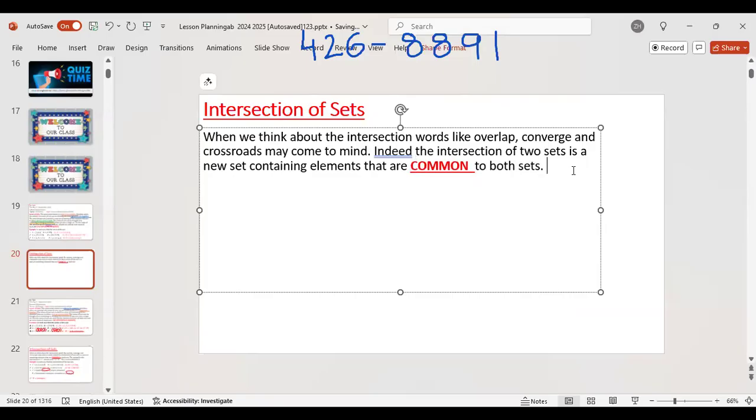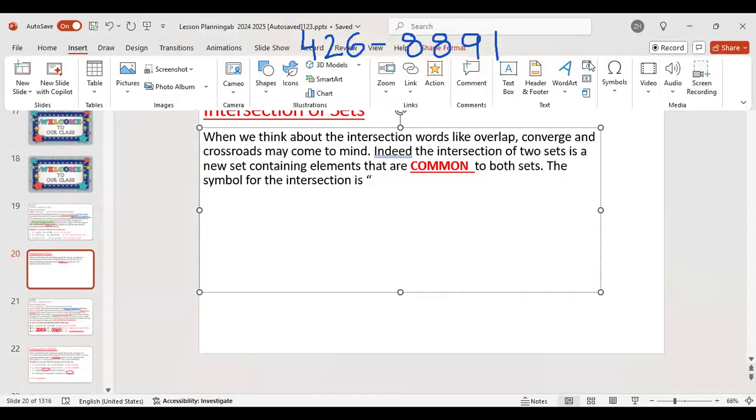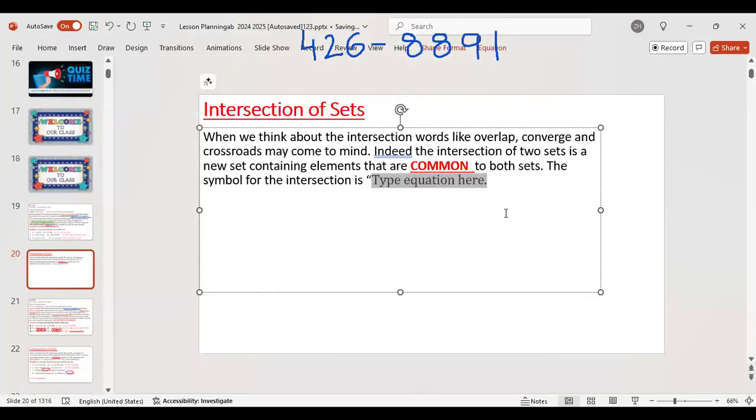The symbol for the intersection is, does anyone know the symbol for the intersection of two sets? Is it an upside down U? An upside down U. Who said that? Israel, very good.